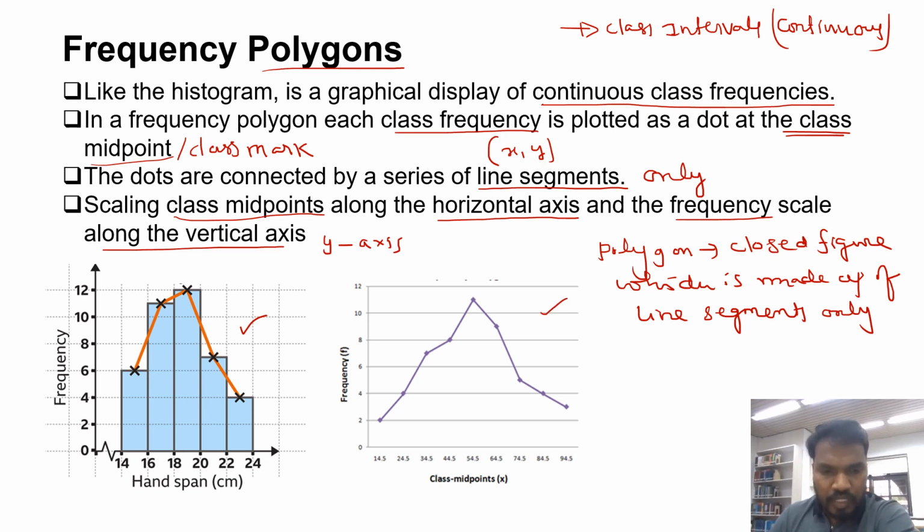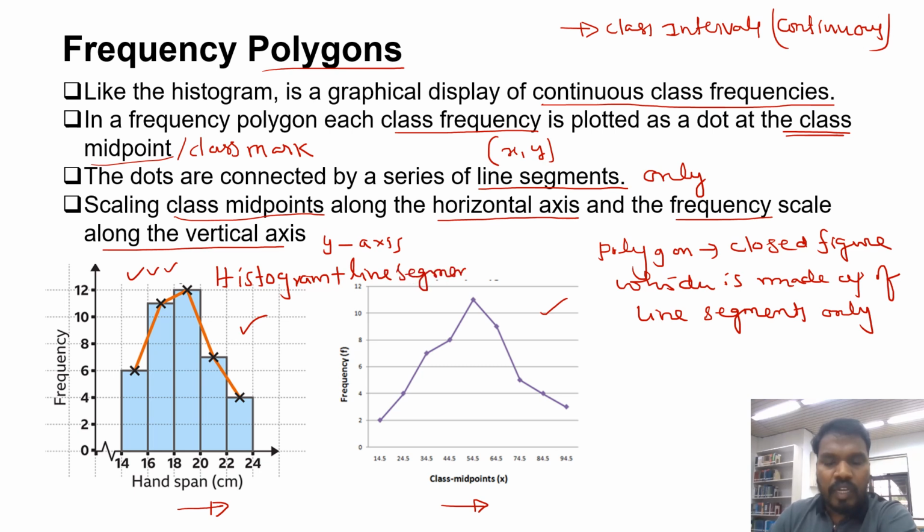There are two ways we can construct frequency polygons. The first one is a combination of both the histogram plus these line segments. And here we have only the line segments.